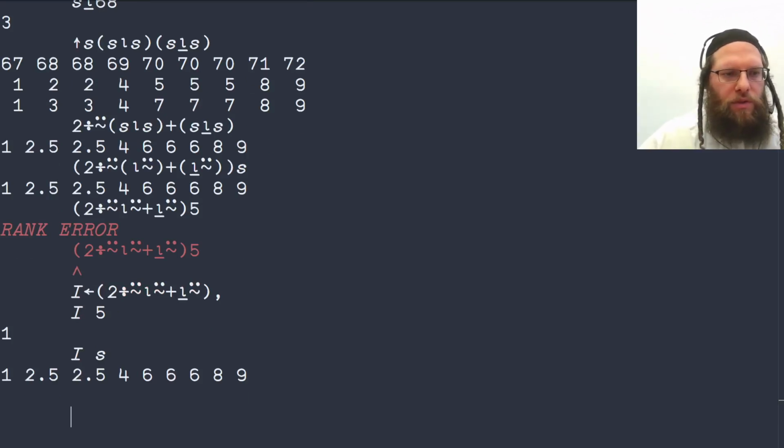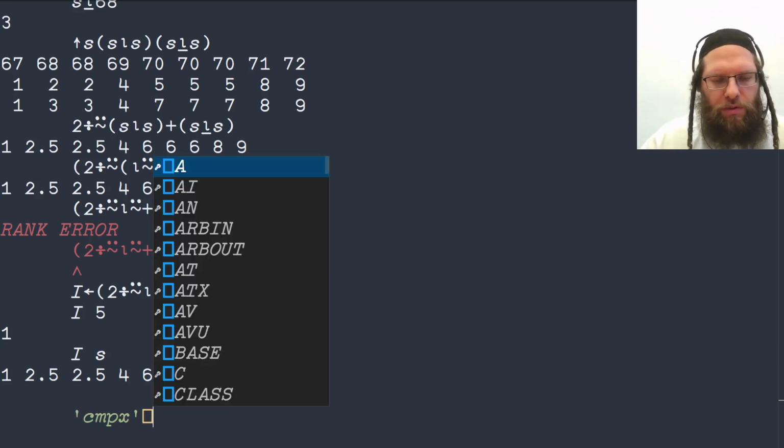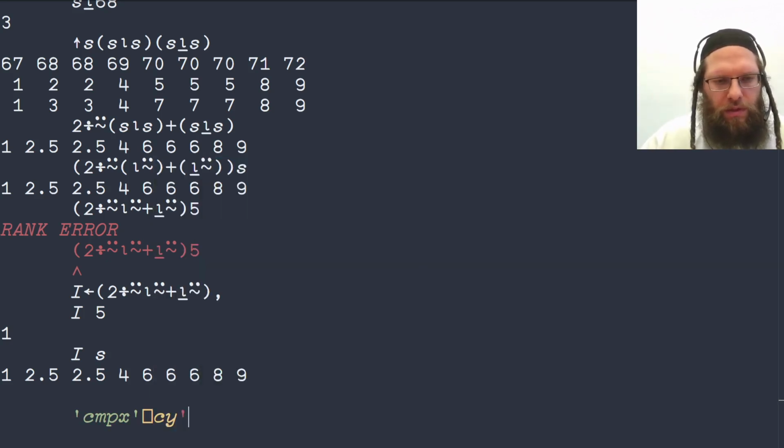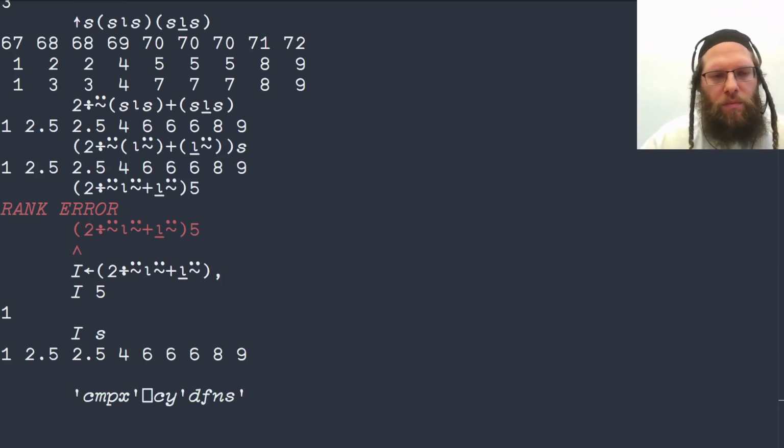Now, it would be interesting to know which solution is the fastest one. Let's import the compare execution facility from the defense workspace. And we probably want to generate some sample numbers as well.